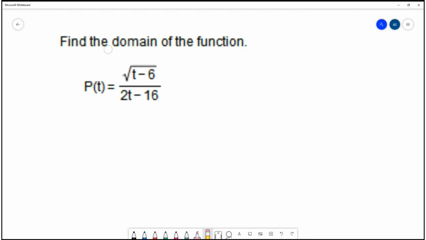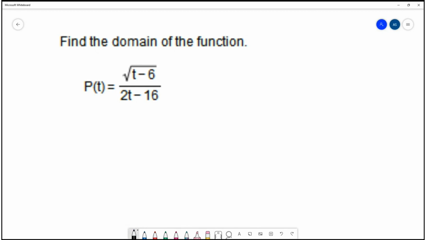For this question, we want to find the domain of the function p of t equals square root of t minus 6 over 2t minus 16. Now, this is an interesting function because parts of it fit into the different types of functions that we've been studying.